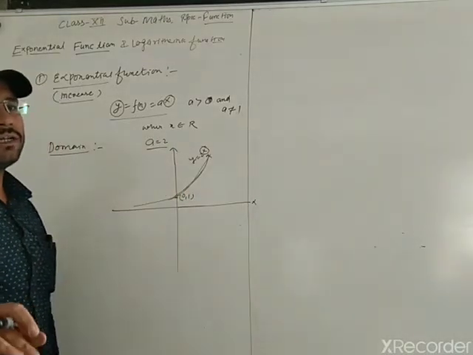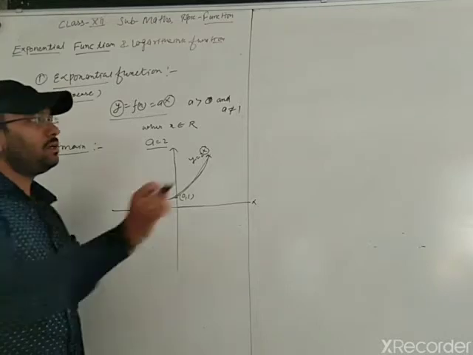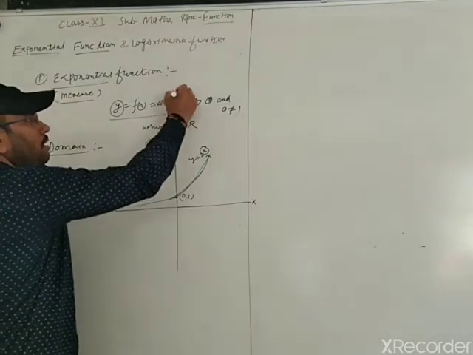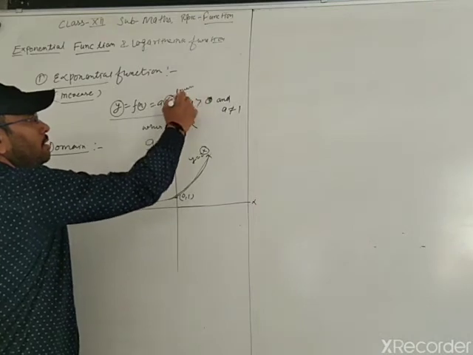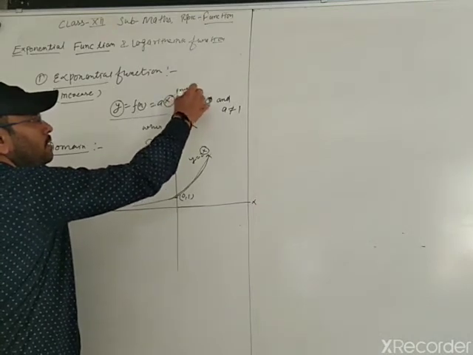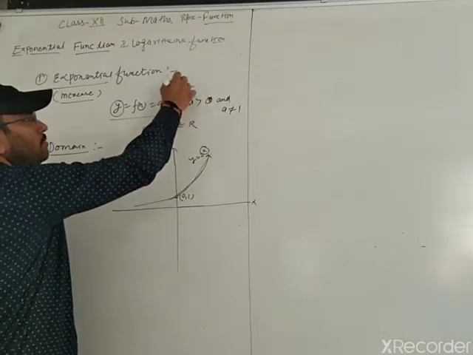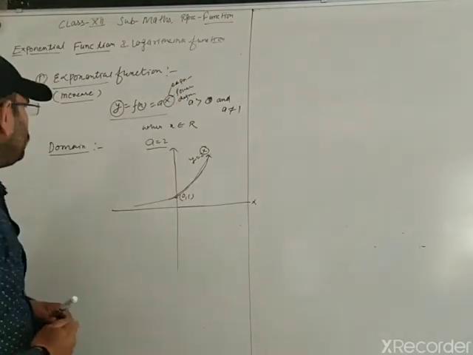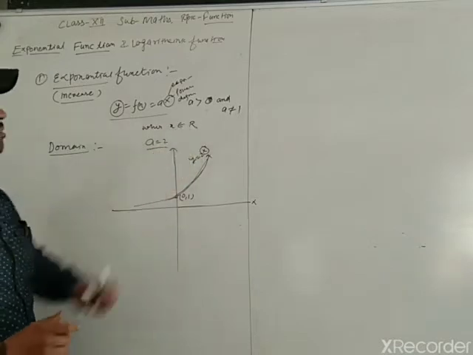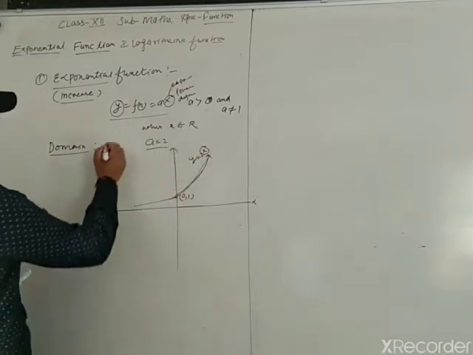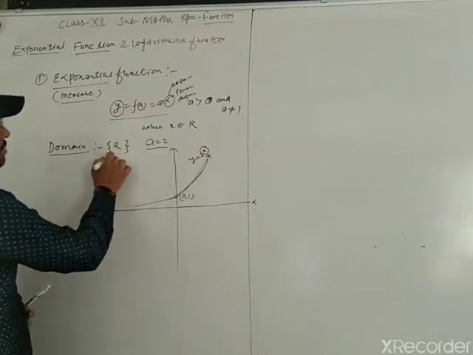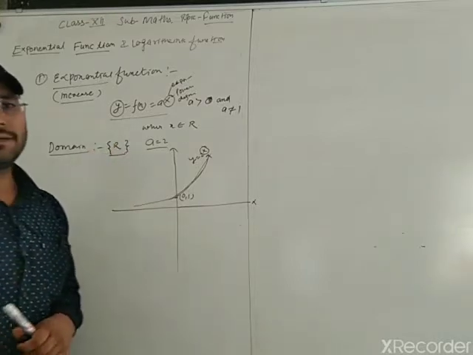So the domain is what? The domain is the value of x, which we are changing; you call this power, degree, exponent, whatever you told, clear. So x belongs to real numbers, so our domain is all real numbers, clear.